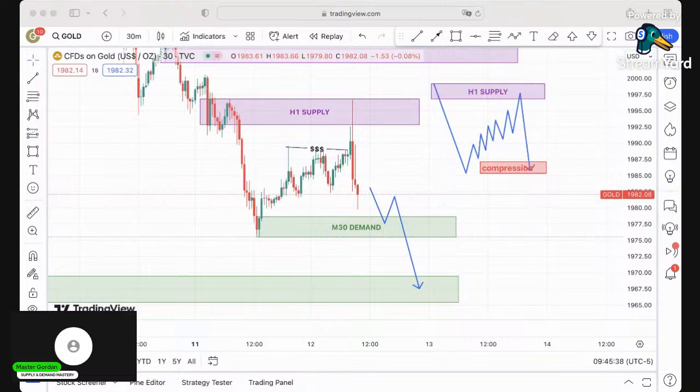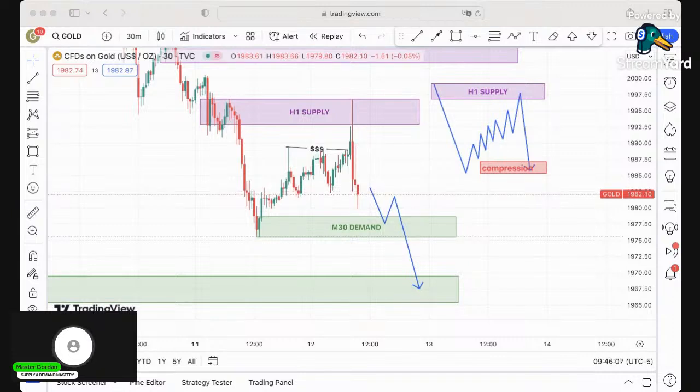Do you think this M30 demand zone would hold? This M30? Yes, for short term, yes. Usually it will make some reaction. Just how many pips? Either 20 pips or 30 pips, even a small 30 pips reaction from the M30 demand zone right here is still a reaction, but just not much.